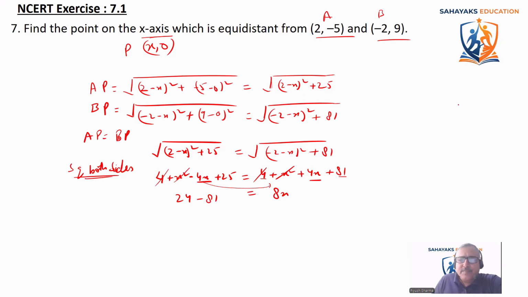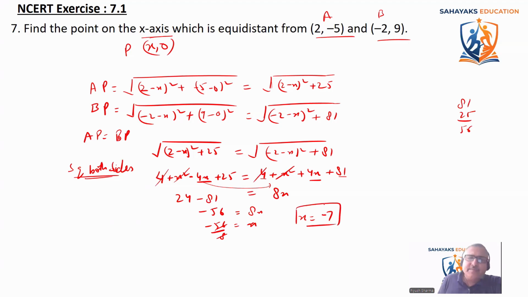What is 81 minus 25? It is 56. So I can say minus 56 is equal to 8x. So the value of x comes out to be minus 56 divided by 8, and the value of x comes out to be minus 7.